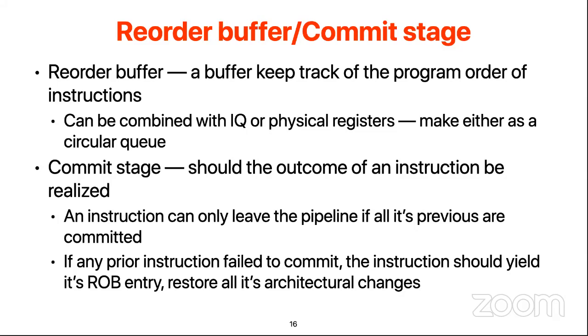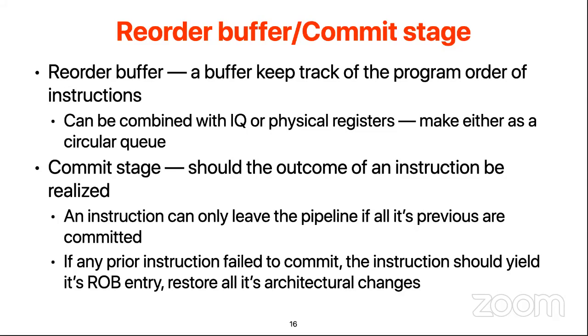And the instruction can only be considered as finished if all the prior instructions are finished. On the other hand, if there is a prior instruction that is not yet finished, the processor should still keep its result private, not making it public.